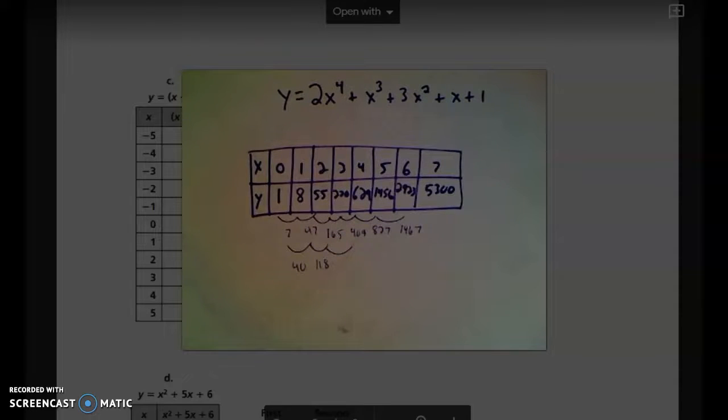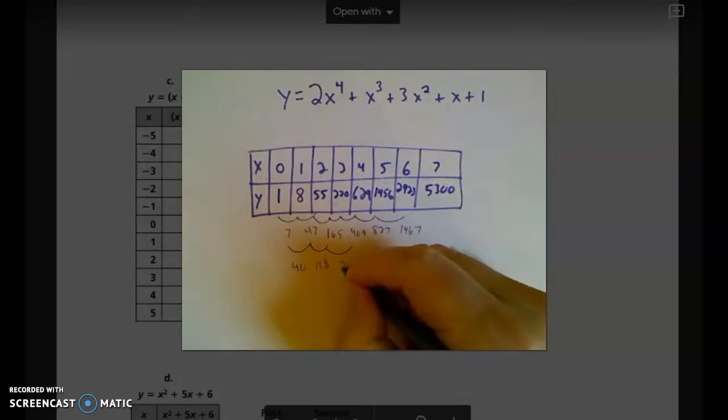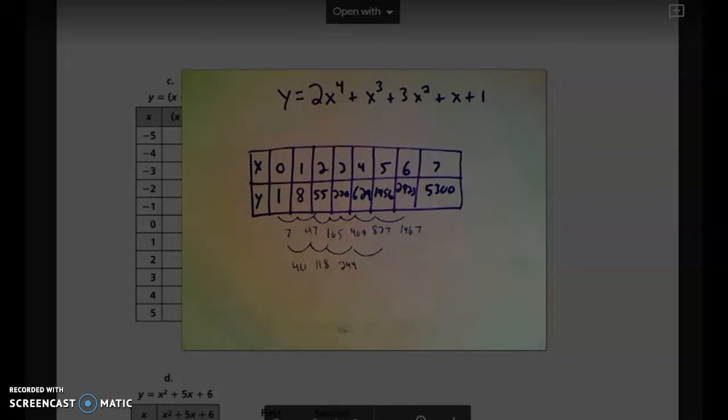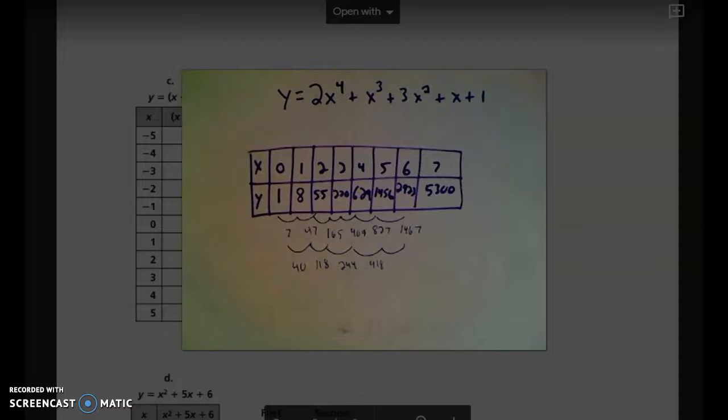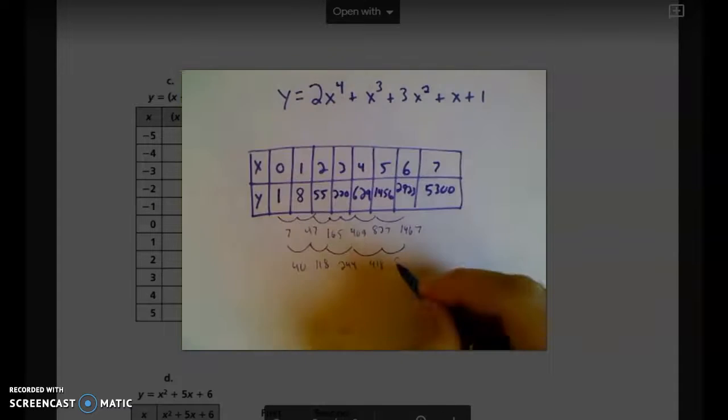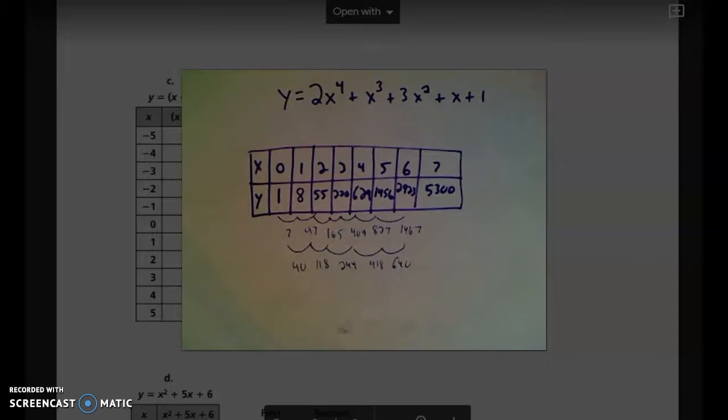409 minus 165 goes up 244. 827 minus 409 gives us 418. And then 1,467 minus 827 gives us 640. So again, the second difference is different, but it's not quadratic.